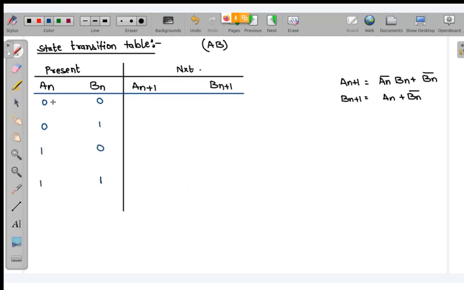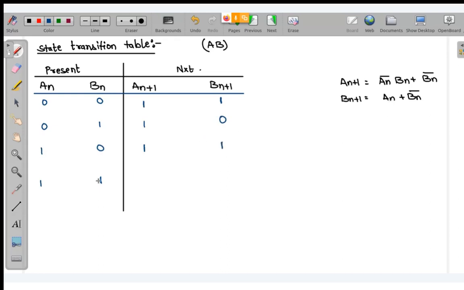If this is 0 0, you can see An plus 1 will be 1, because if this Bn is 0 it becomes 1, and 1 plus anything is 1. And Bn again will be 1. Next, An equal to 0, Bn equal to 1: 0 1, again this becomes 1, and this is 0 0, so this will be 0. Now this is 1 0, so again this is 1, and here we have 1.